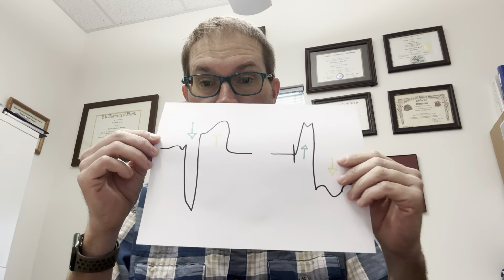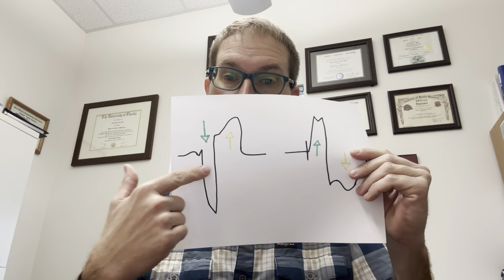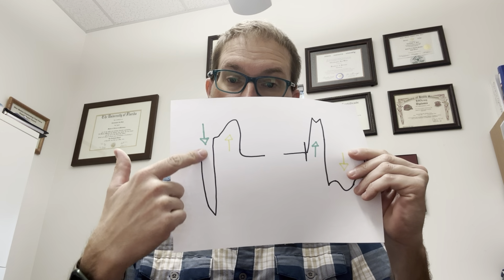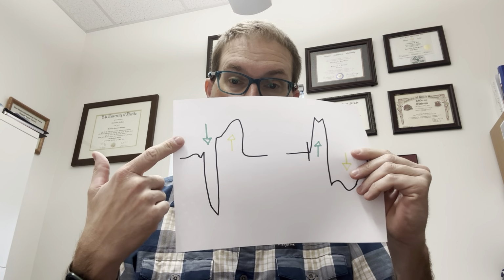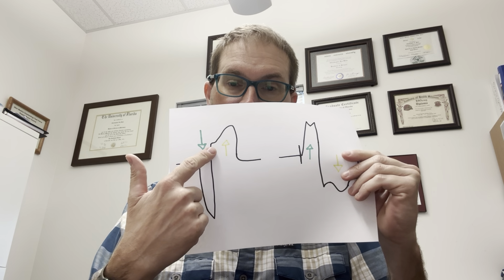Now, in the setting of ventricular paced rhythms and left bundle branch blocks, you should have what's known as discordance rather. We call this appropriate discordance. So here's an example of that. So this is a left bundle branch block. So you see this wide QRS complex here, and it is negatively deflected in this specific lead. And then you have the T wave, which is positively deflected.